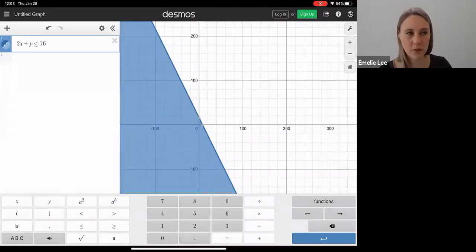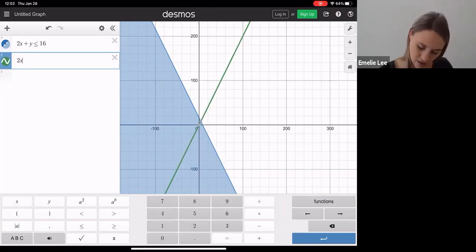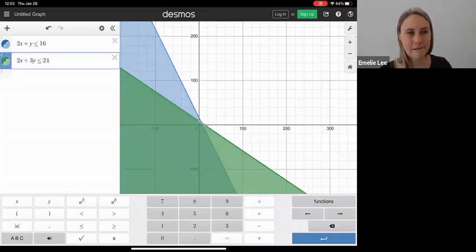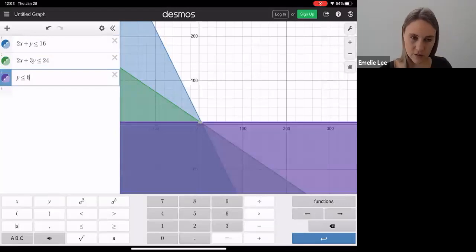So it should make you a line. On to the next one. 2x plus 3y should be less than or equal to 24. I'm going to zoom in on that, but I'll do the last one first. And then y has to be less than or equal to 6.